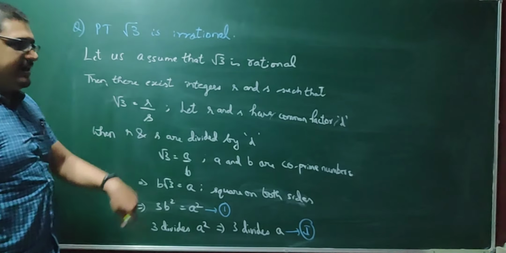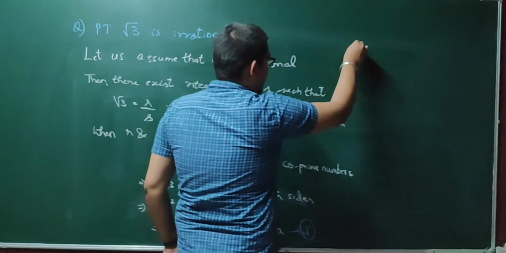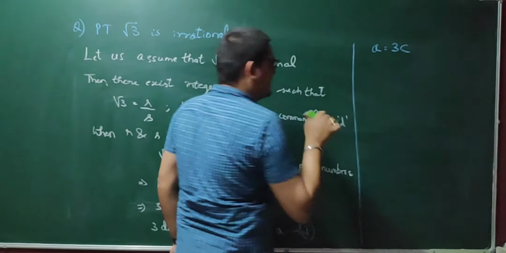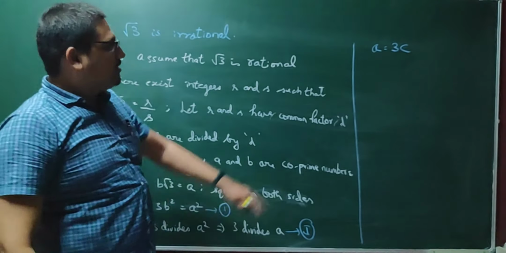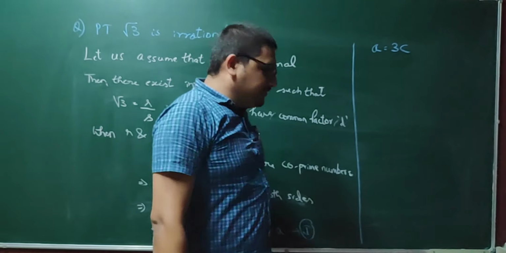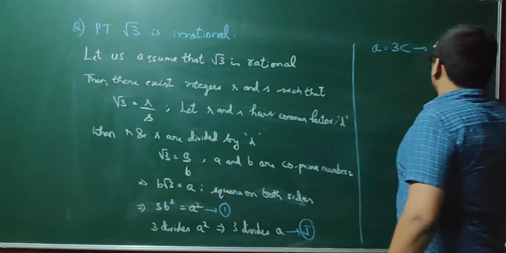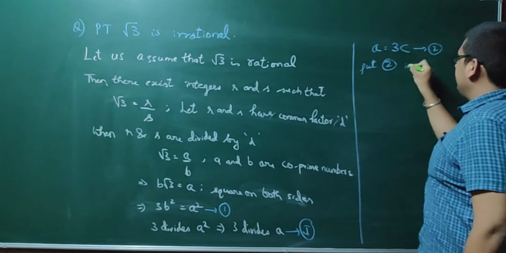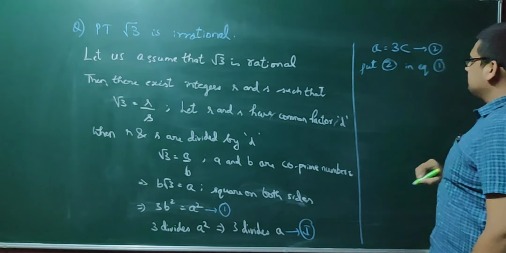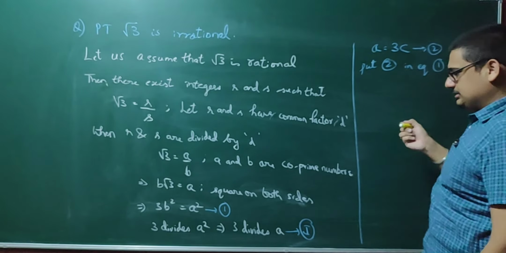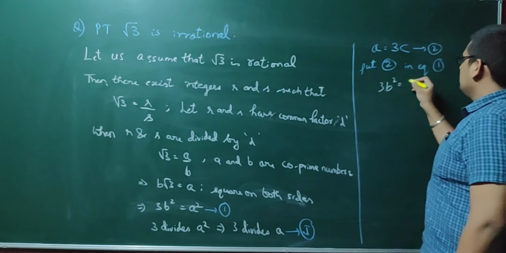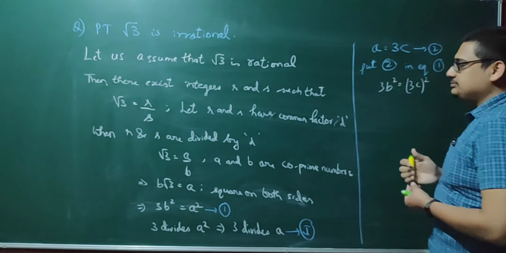If 3 divides a, now we know that a can be expressed as 3c, where c is some integer. If this is the case, put this in equation 1. Then what do we get? 3b square is equal to 3c the whole square.